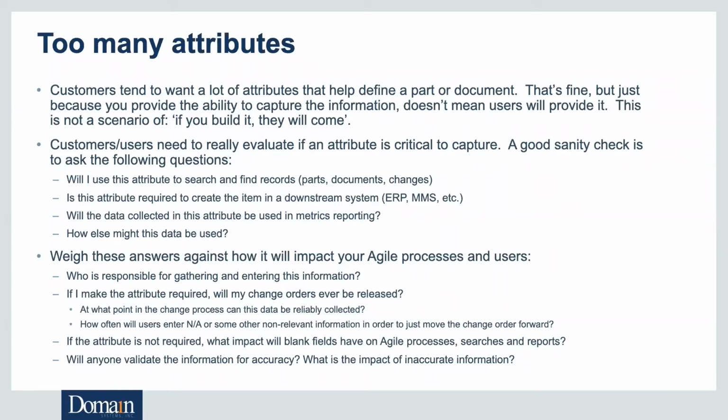All right, so follow the guidance relative to the answers to the first bullet, or to the second bullet with the third bullet, and you can avoid having too many attributes and the frustration that nobody populates them.